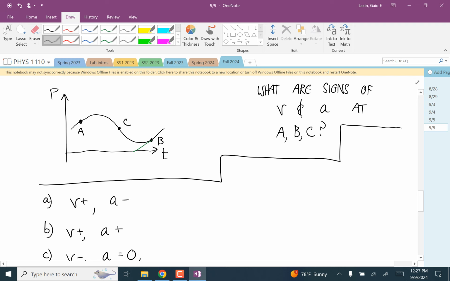So that's speeding up. And you can make sense out of that because at this point, the tangent line is horizontal. So it's stopped. And then a little bit later, it's moving. So it has to be speeding up. The one at C, since the acceleration is 0, it's not changing speed at all, just at that instant.